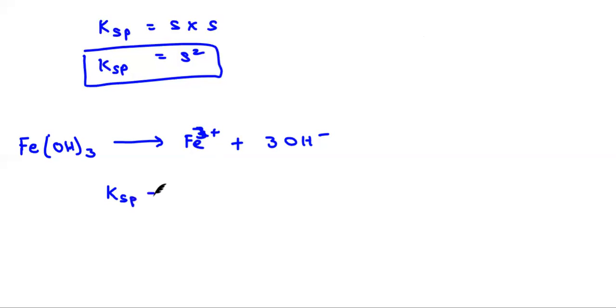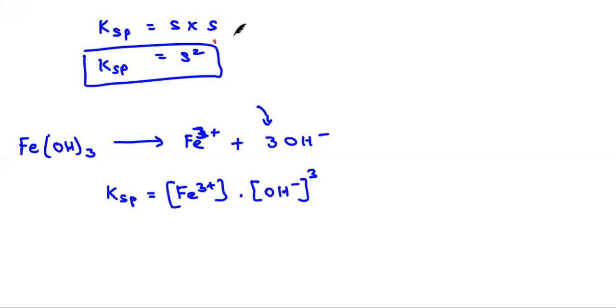So if I want to find out the Ksp here, the general representation would be, can I say, Fe3+ into OH minus, and should I put the power also? Of course, it has a coefficient 3, so I have to take the power also, that is cube, right? Can I consider the molar solubility also?